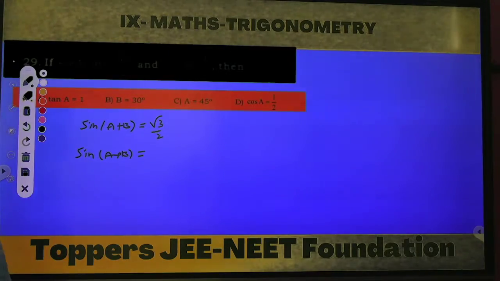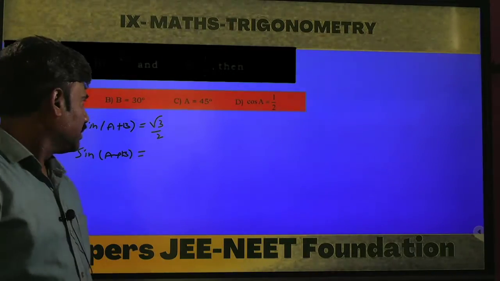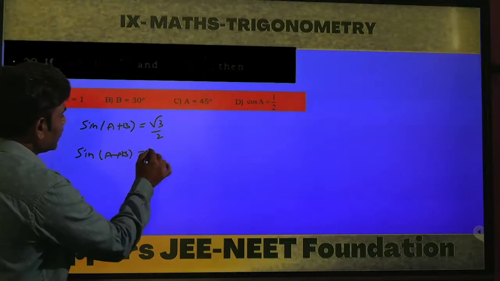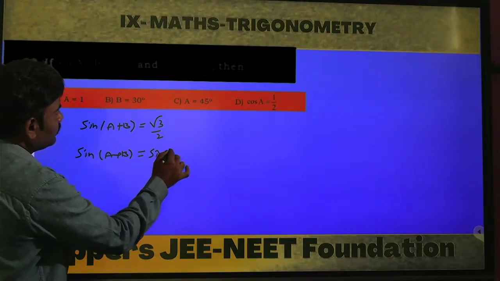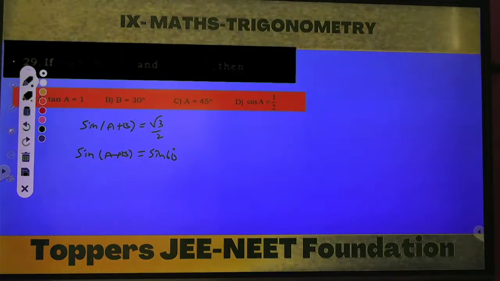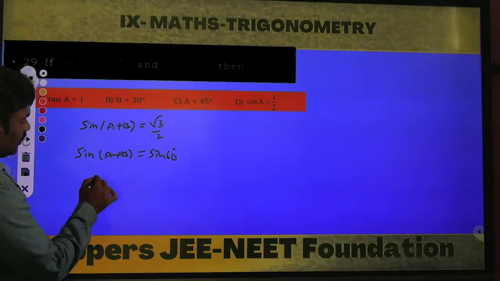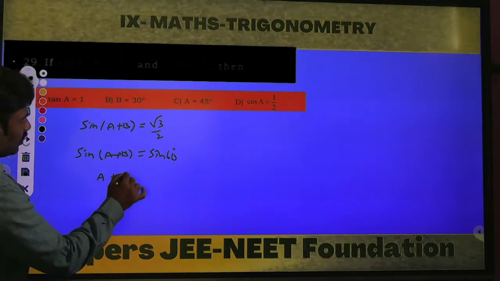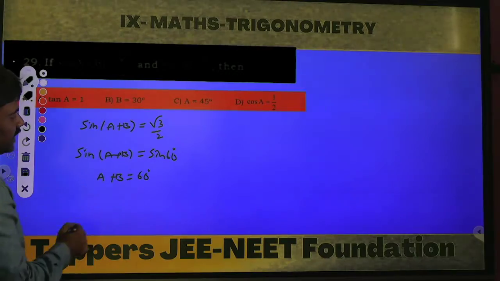Root 3 by 2 can be written in terms of sine: sin 60 degrees is nothing but root 3 by 2. Now let us compare. Then we get A plus B is equal to 60 degrees.